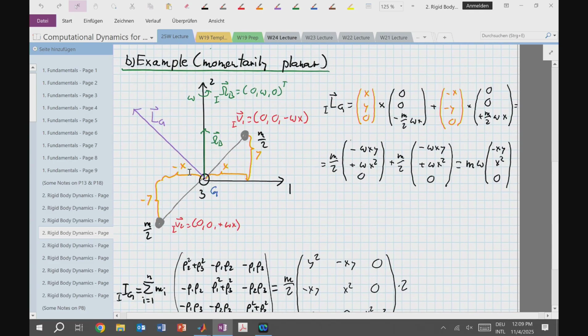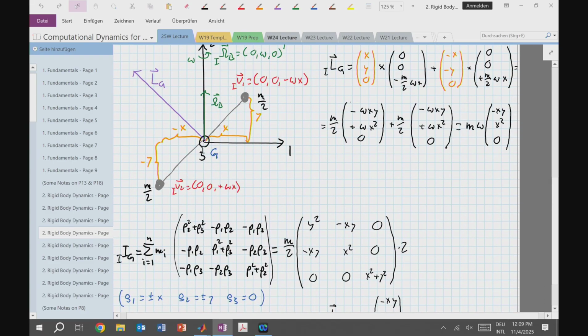And we then looked at an example where we had two particles like this, one here, rotating about the z-axis, or sorry, the 2-axis, and we went so far that we computed the angular momentum, which points this way.